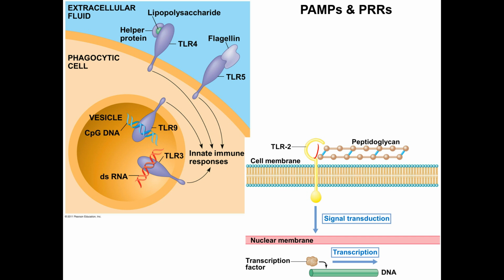Typically it's going to be protein, carbohydrates, but not always. You can also have lipids and nucleic acids, but usually it's protein and carbohydrates that are triggering the response. And these are specific structures that you would find on microbial cells and not find on host eukaryotic cells or within them either.